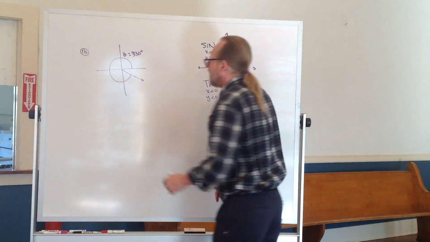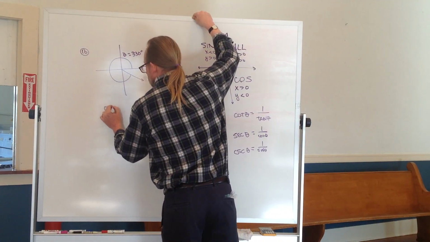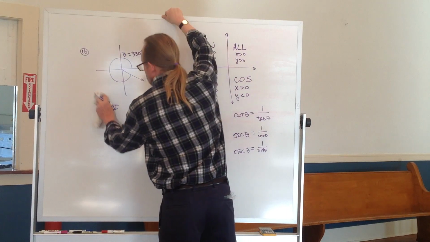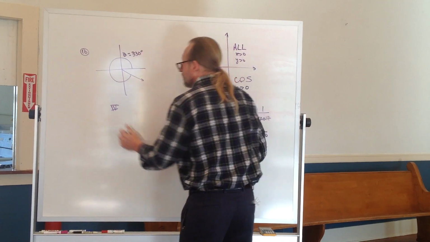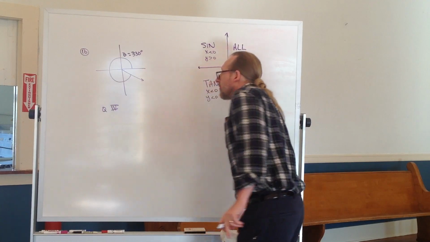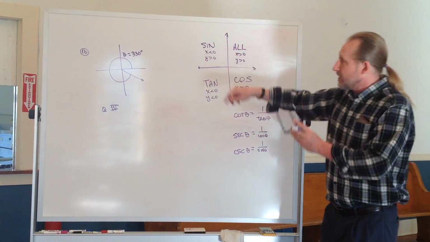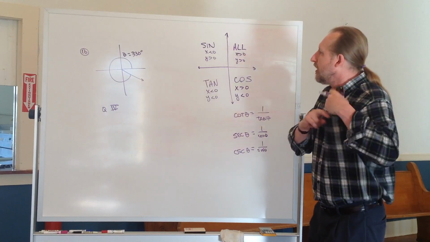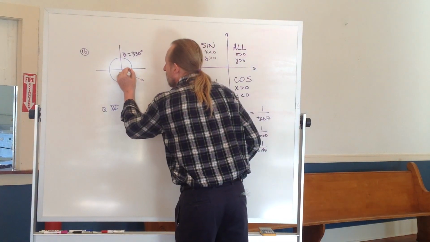The terminal side is in the fourth quadrant. So that's the first question there. So quadrant 4 is where the terminal side of that angle is. What's the reference angle? Well, what's left inside here?